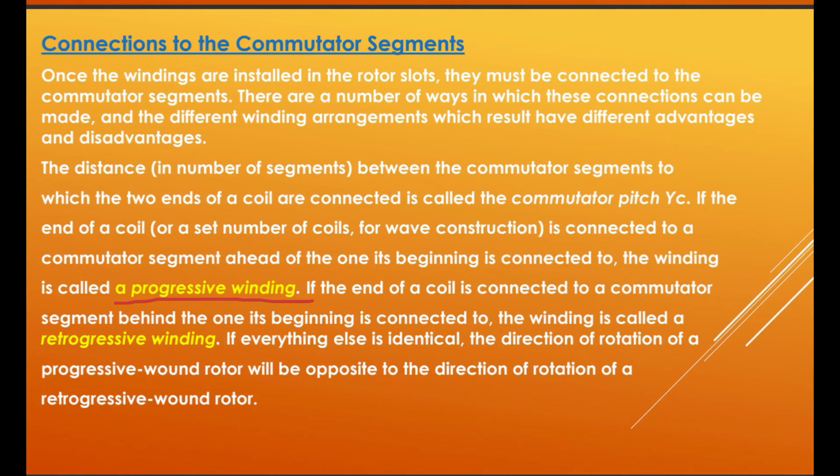If the end of the coil is connected to a commutator segment behind the one its beginning is connected to, the winding is called a retrogressive winding. If everything else is identical, the direction of rotation of a progressive wound rotor will be opposite to the direction of rotation of a retrogressive wound rotor.